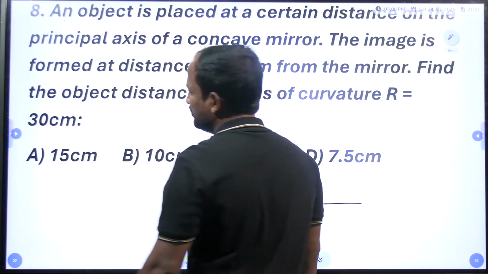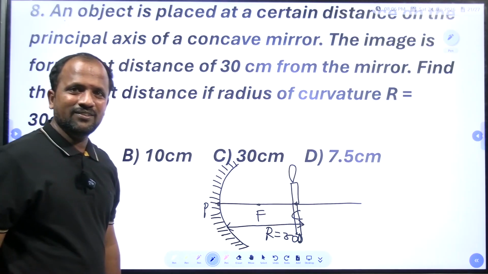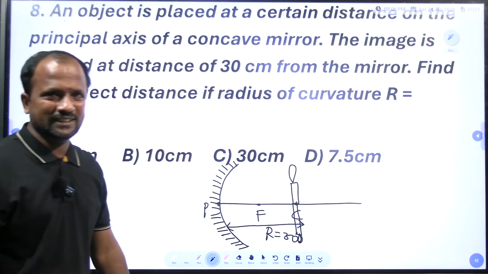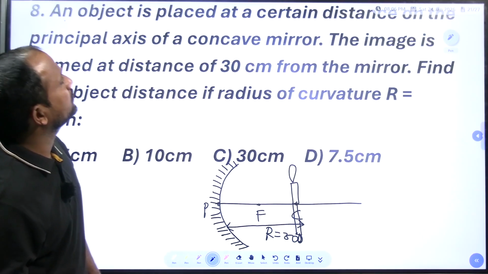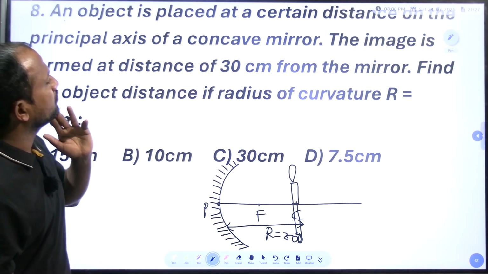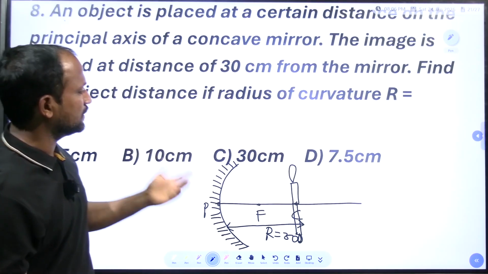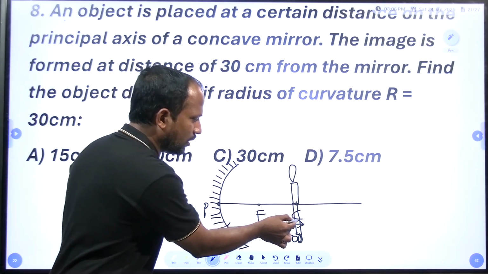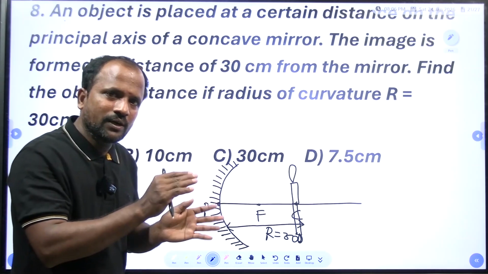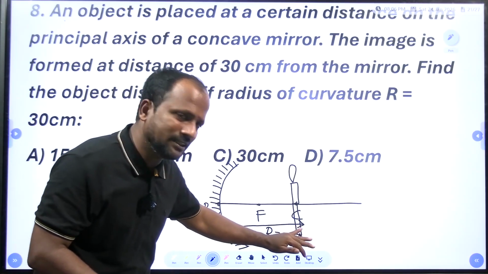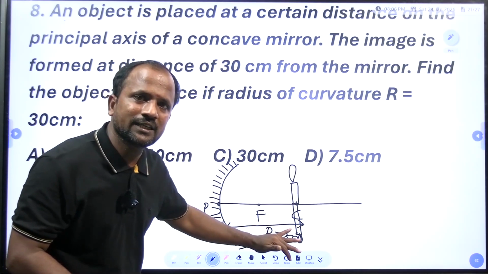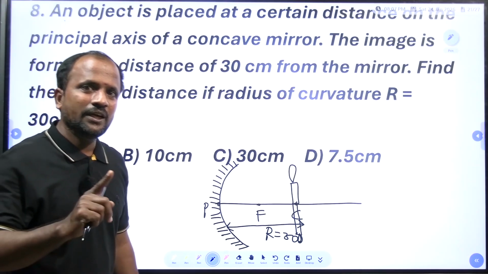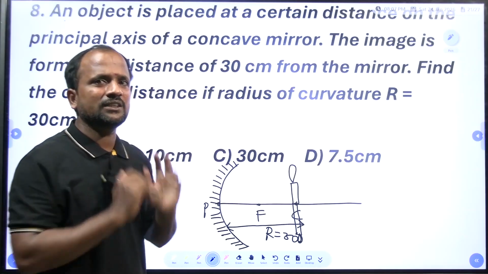The image is formed at 30 centimeters, and the radius of curvature is also 30 centimeters. So the object distance, image distance and radius of curvature are equal, which means the object is placed on the center of curvature.